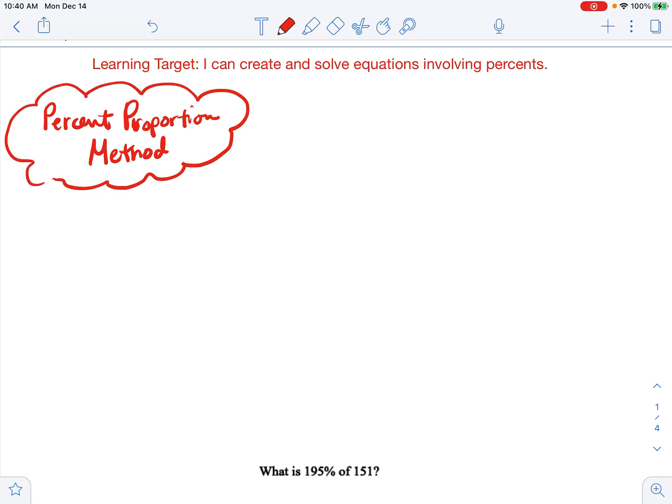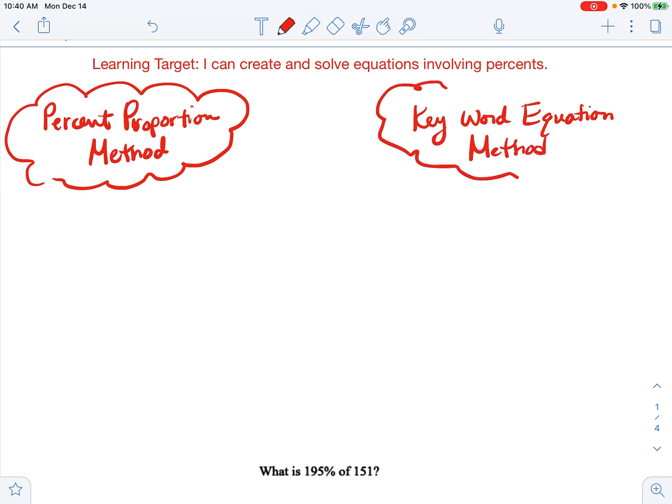And the other method we're going to call the keyword equation method. And this one involves setting up an equation using those keywords that we talked about when we were learning how to translate equations and expressions.